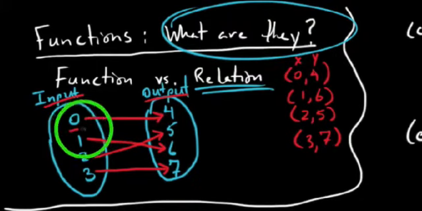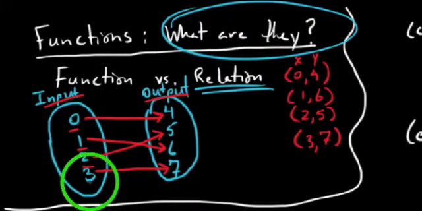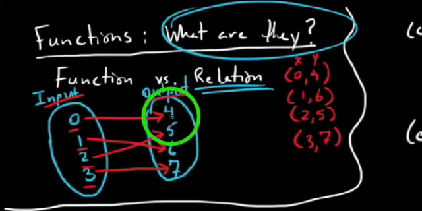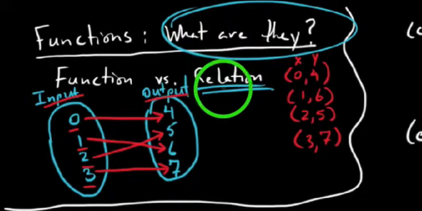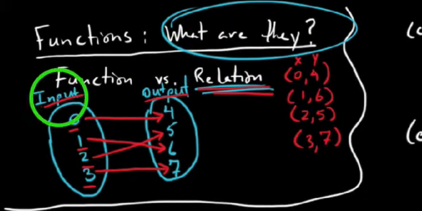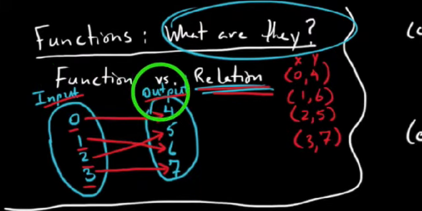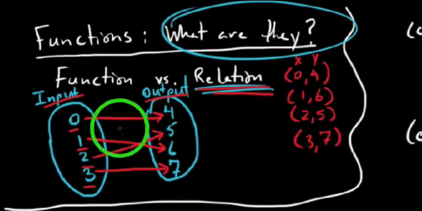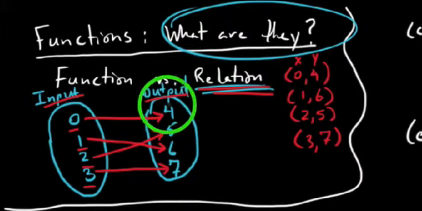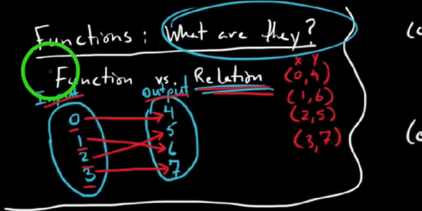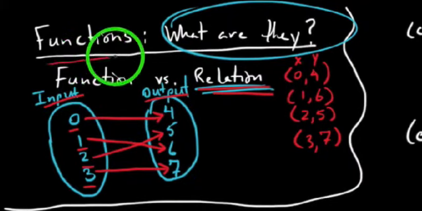Each one of these inputs mapped onto one and only one output value. So what I want to point out about this relation instantly is that it is not just a relation from set A mapping onto set B here, but this is a special kind of relation. This relation is also considered a function.